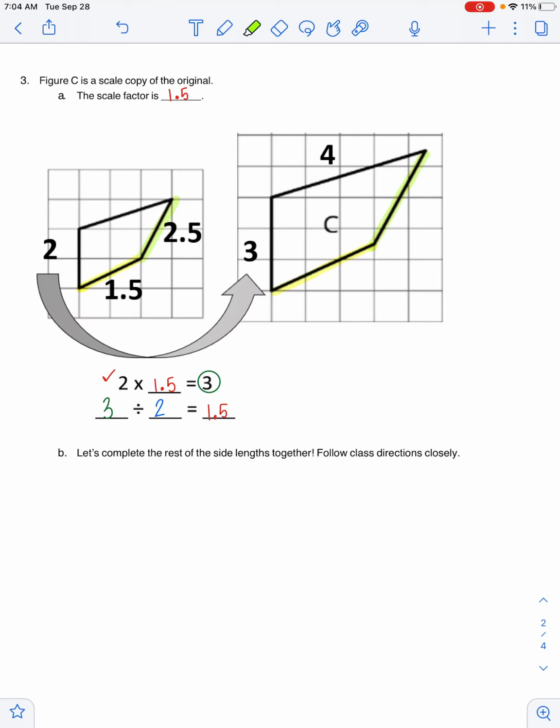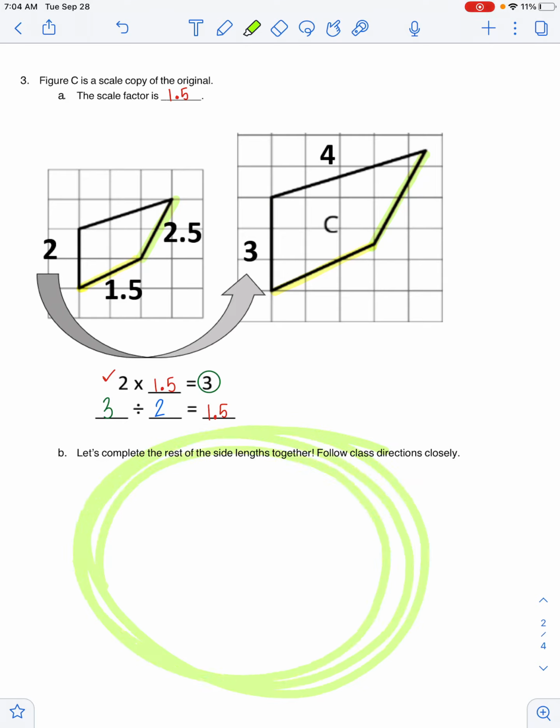So go ahead and pause this video, tell me what the yellow side is and what the green side is, and make sure to show your work below.